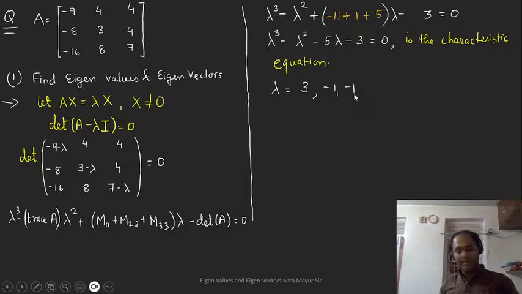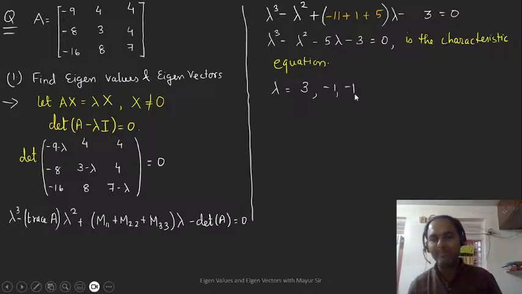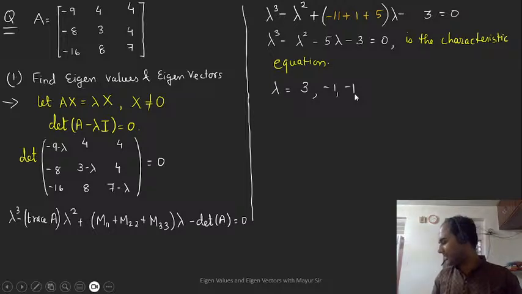Listen carefully. In the calculator, when you don't get the third value, the second value which you got in the calculator is the value which is repeated. This is all rules of mathematics.